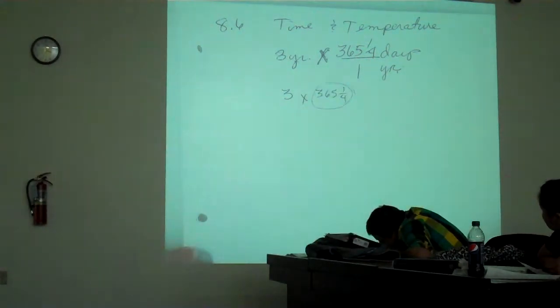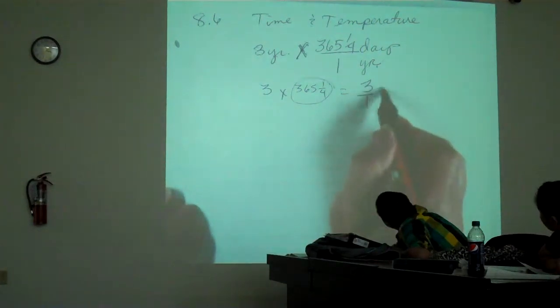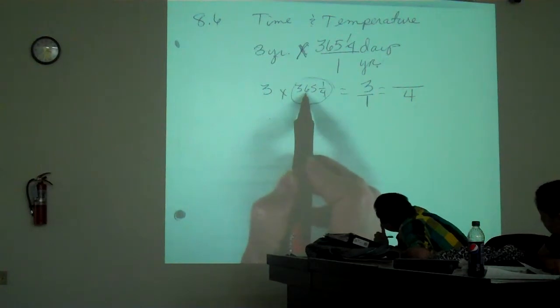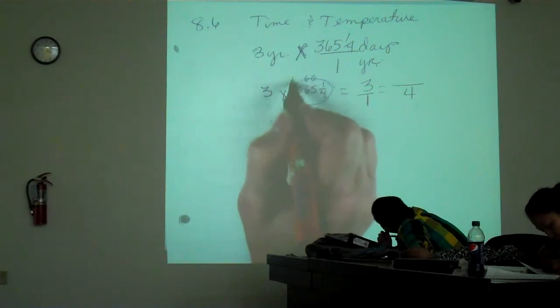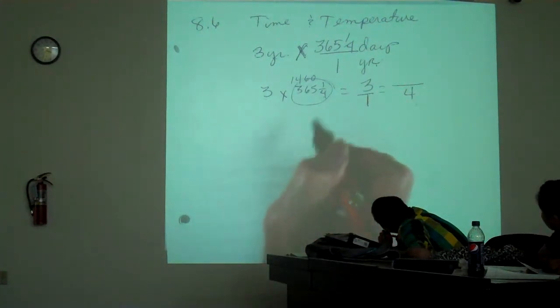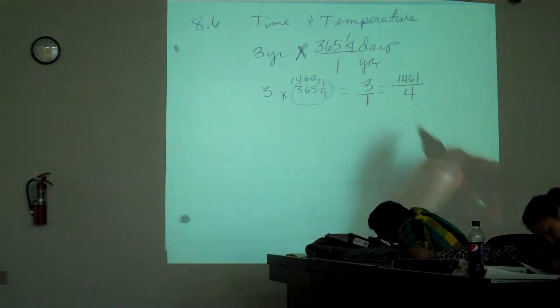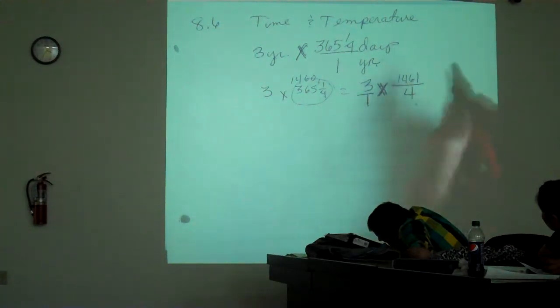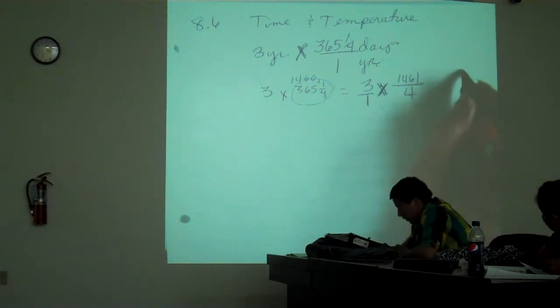We need to turn this into an improper fraction. Turn this 3 into 3/1. 4 stays on bottom. 4 times 365, 1460 plus 1. Okay. So we have 3/1 times 1461/4. So do 3 times 1461.